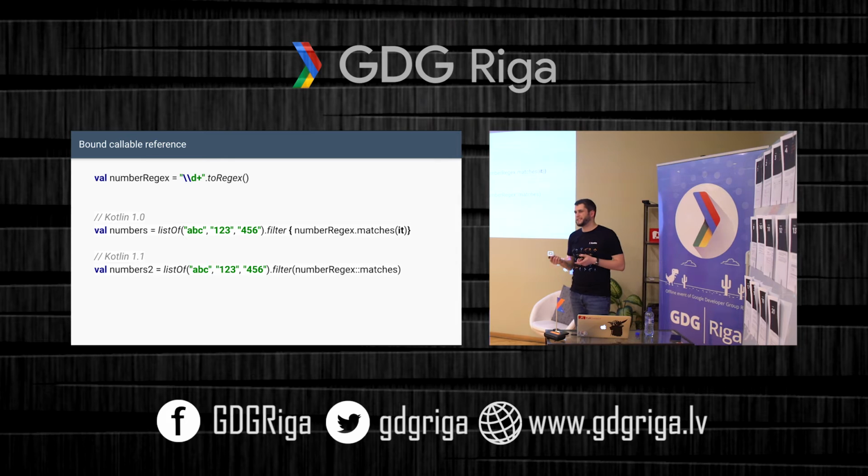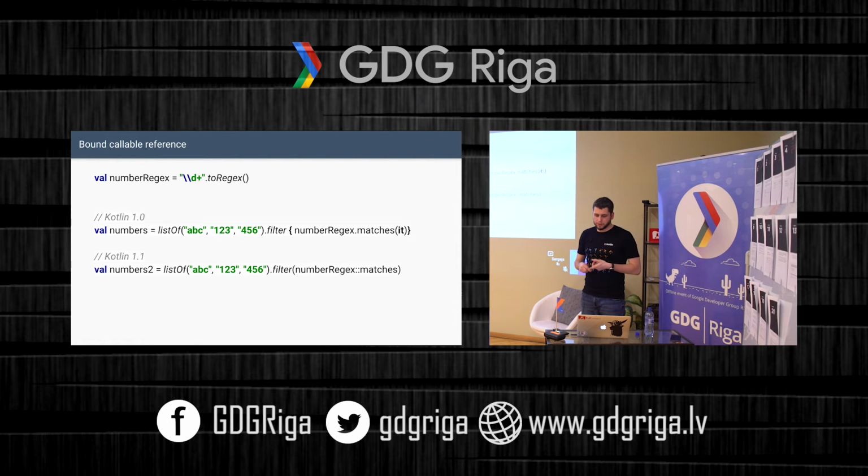Basically, static functions and extension functions. You could also make a reference there. Right now, they have added an option to reference the members of some specific classes. Like here, for example, we have some kind of regex class, which is basically a matcher for regex. And we have some numbers in the list, and we want to filter out everything that is a number.